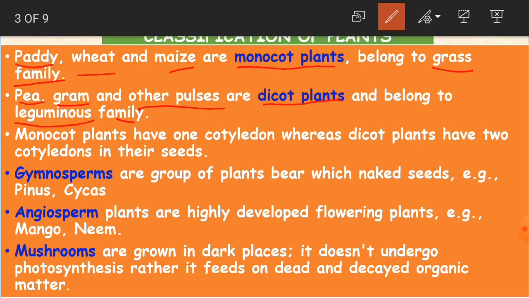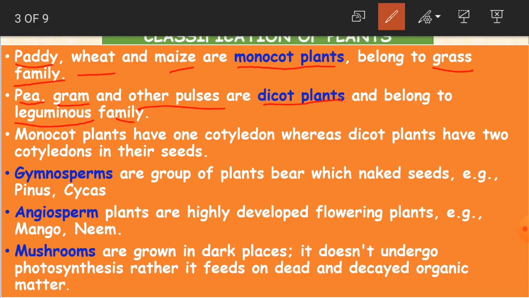That is called a pod. Even gram, like dals and all that, is covered in something that looks like a leaf, and we call it a pod. These plants are called dicot plants, and they belong to the leguminous family.